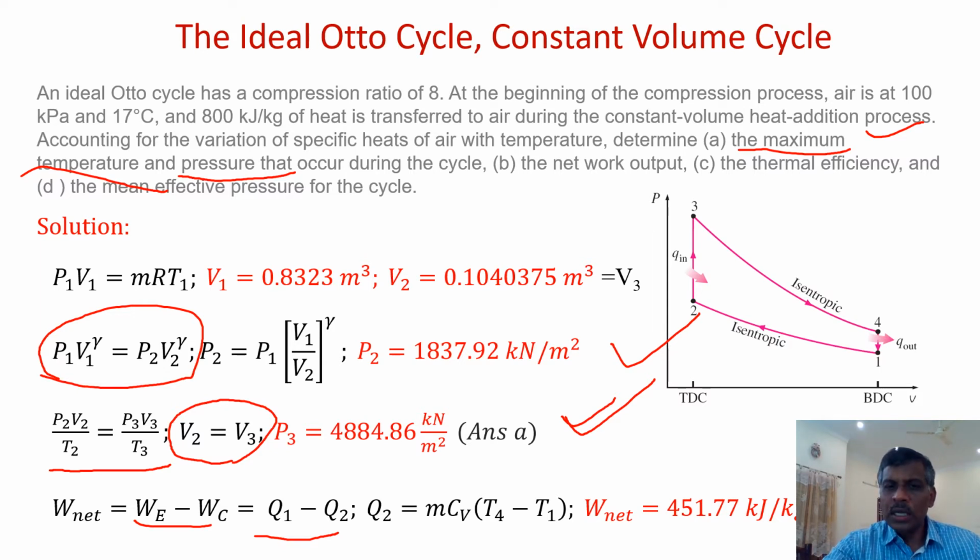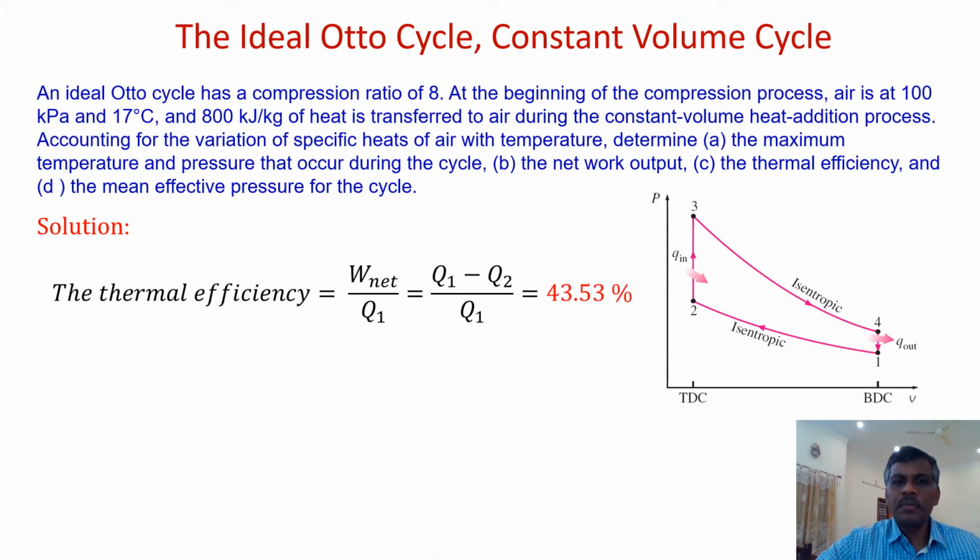Q2 is, let us take the process. So 4 to 1 is a constant volume process. So once it is a constant volume process, m Cv comes, Cv comes. m Cv (T4 minus T1). So all other things are known values. You can calculate the value of Q2. Q1 minus Q2 is work net that you can find out.